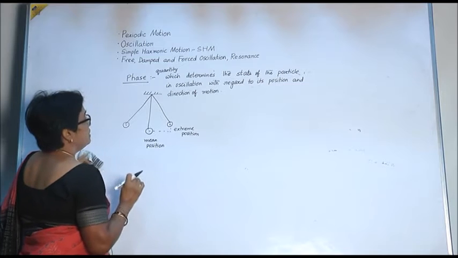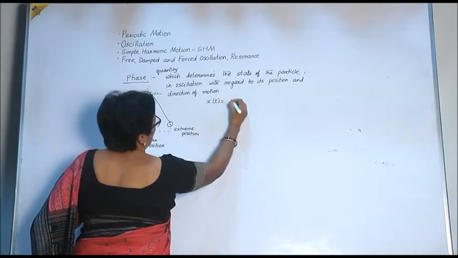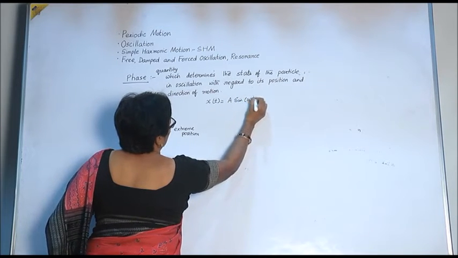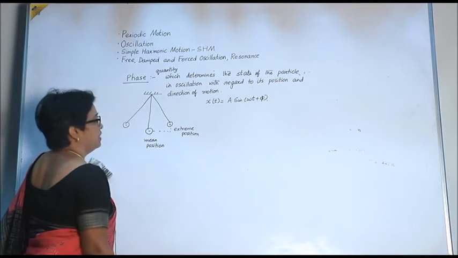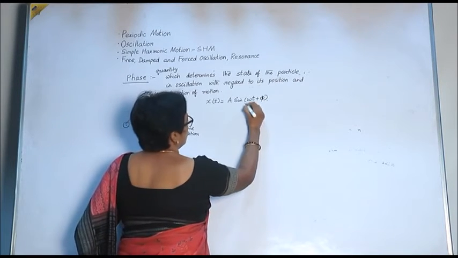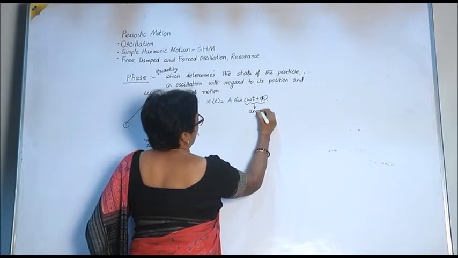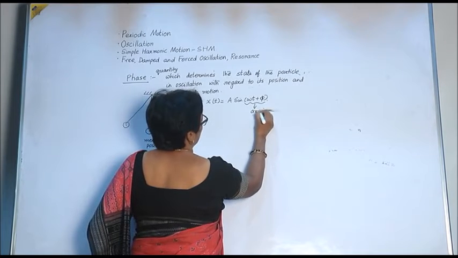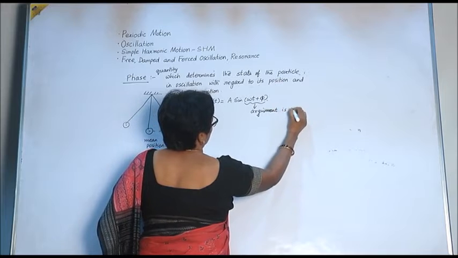Now, if my x is equal to a sin omega t plus phi, I said that this total angular part, or the argument of sine, is the phase.